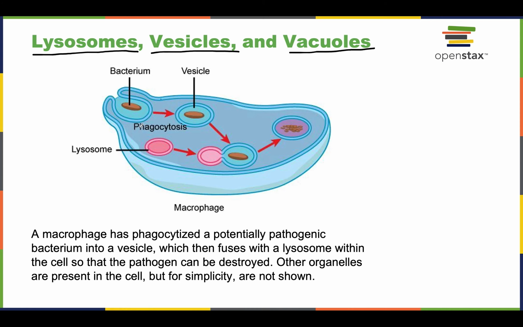Basically, it's a pinching of the plasma membrane inside, and this forms a vesicle carrying the bacterium. Then this vesicle comes and fuses with the lysosome. Remember the bag with a lot of digestive enzymes. When they fuse, the enzymes digest the bacteria into pieces and basically kill it and protect us from it.